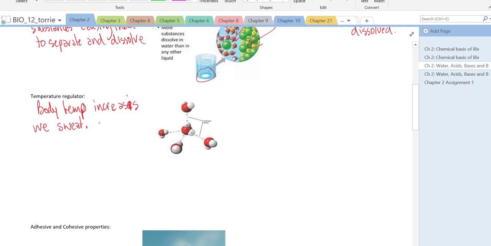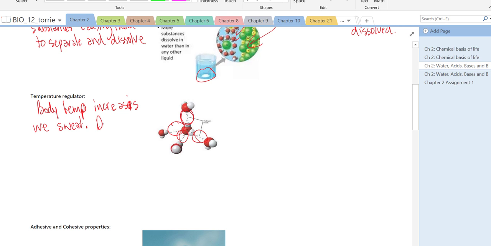Well, it requires an enormous amount of energy to change water from a liquid to a gas. Why is that? Because of hydrogen bonding. Because of the hydrogen bonds, water is attracted to itself quite strongly, and that gives it a high heat of evaporation. And therefore, when water evaporates off our body, it takes with it energy, keeping our body temperature constant.